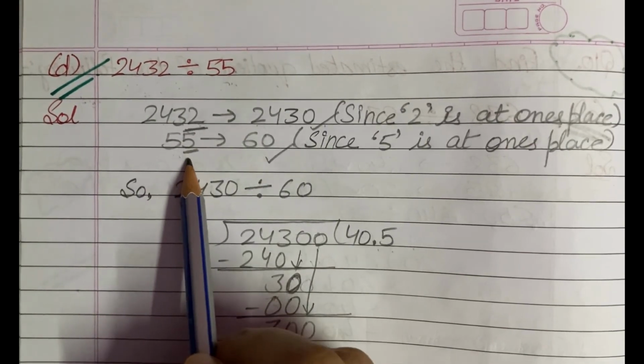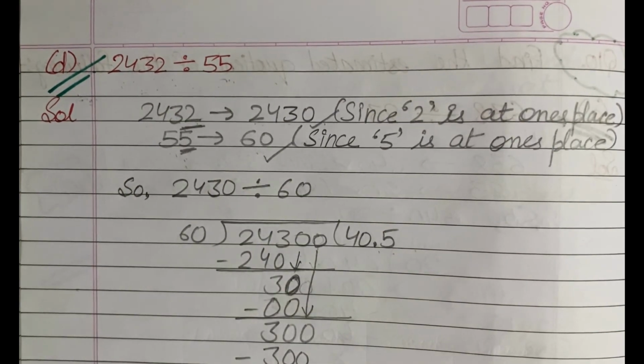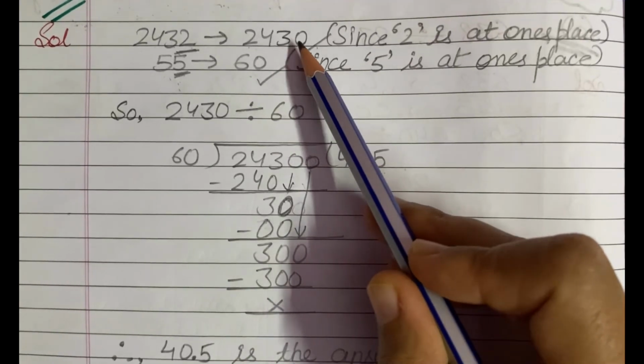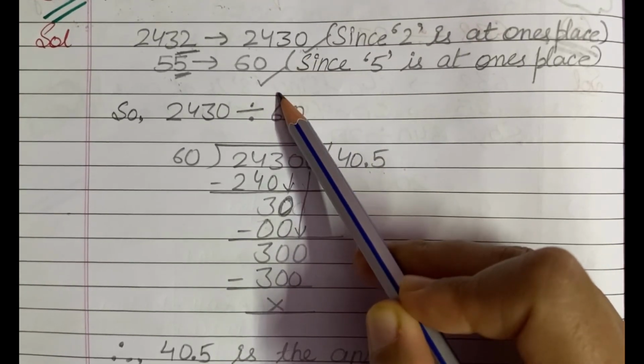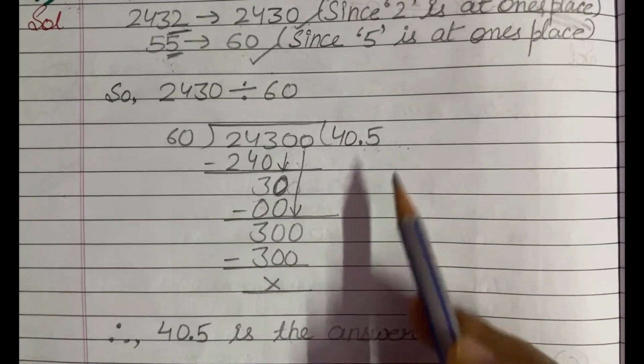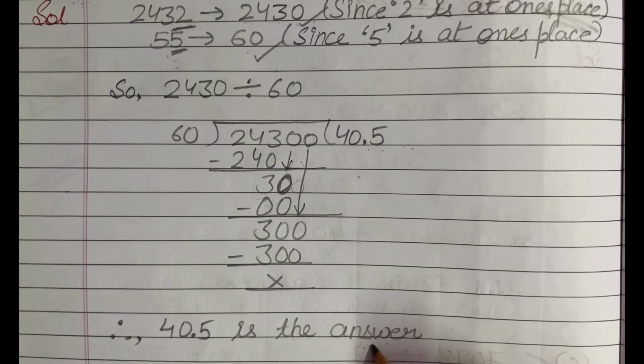Round off of 55 is 60 since we are having 5 at its ones place. Now after this we will divide this 2,430 by 60, and on dividing we will be having 40.5 as in answer. Hopefully it is also clear to you.